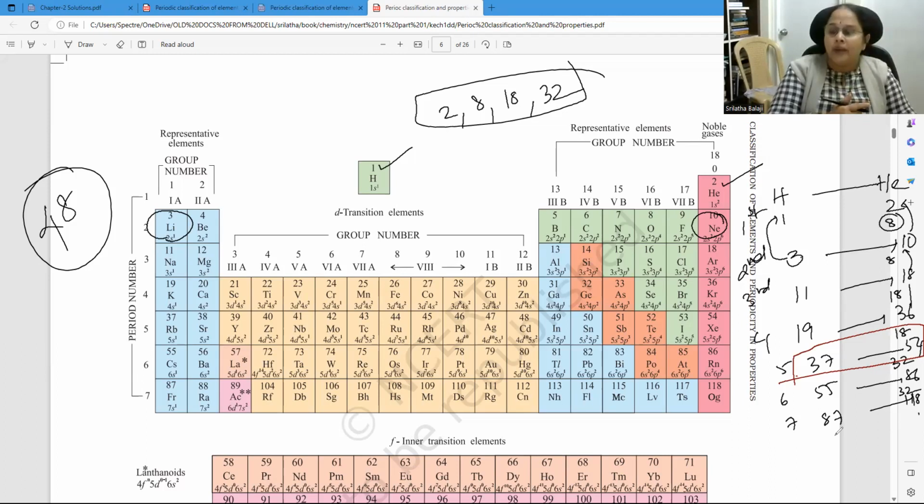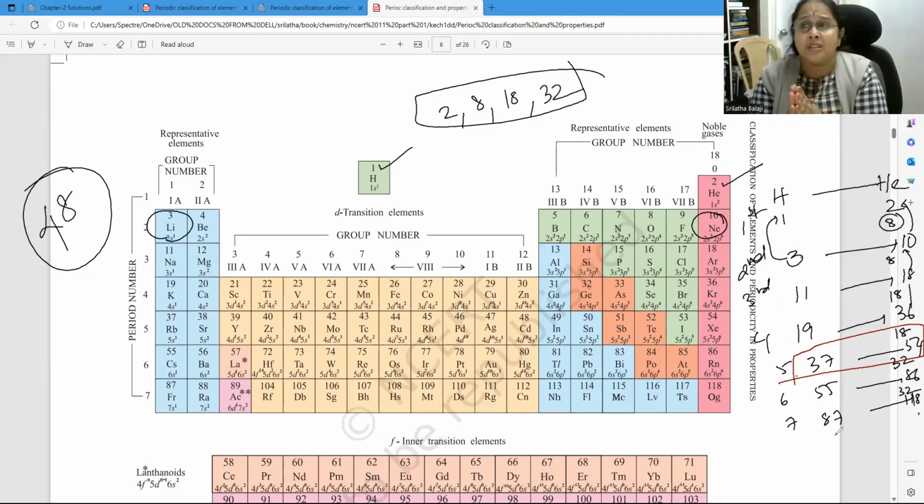Absolutely right. This is the way; you don't have to learn the table by heart. If I know the range, the first element and the last element, I know from the atomic numbers where a particular element can be placed. Is that clear?